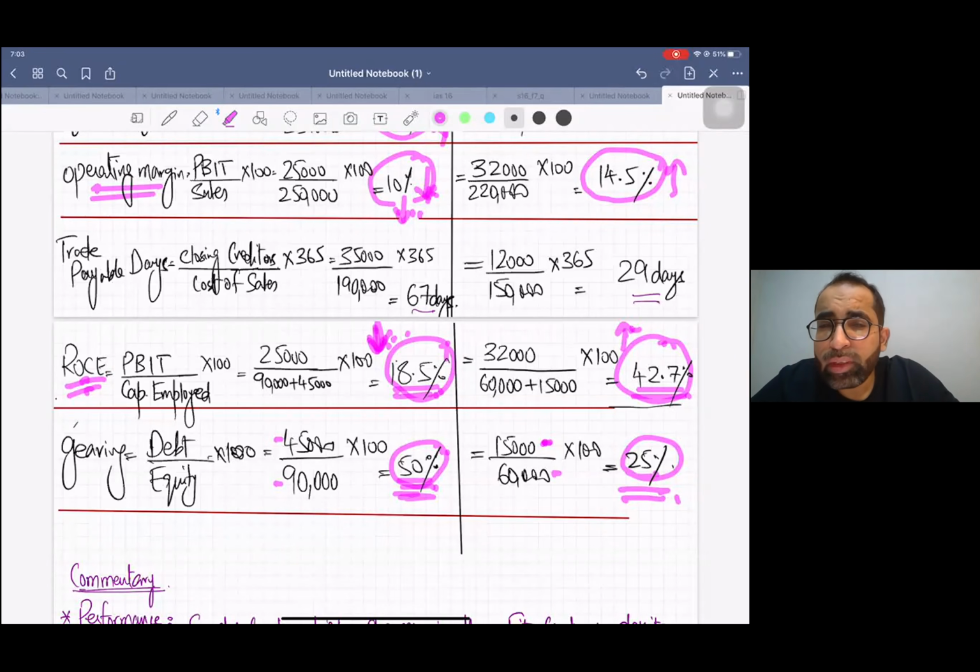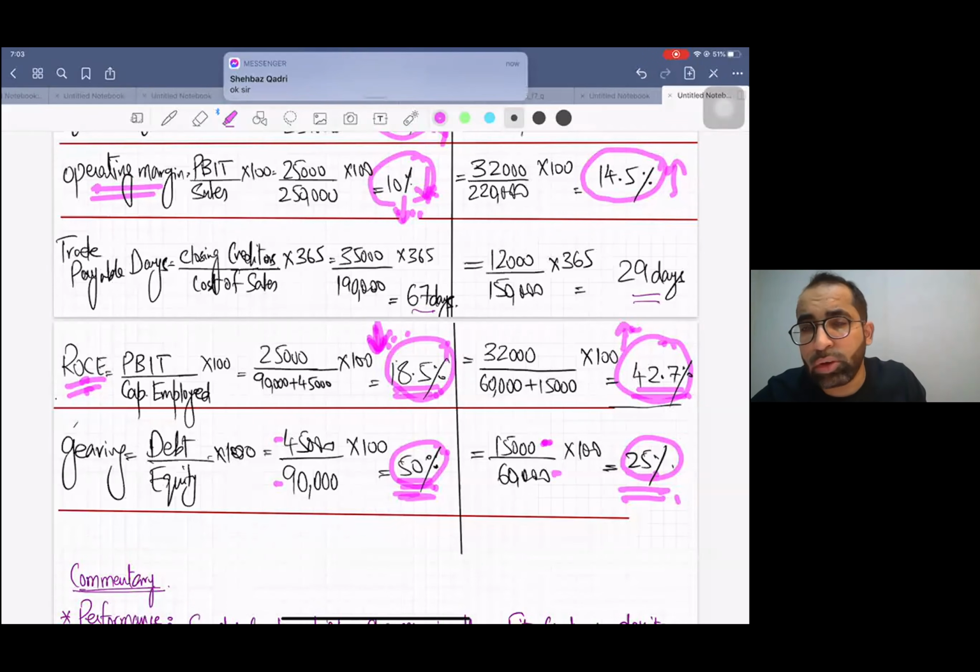Finance cost is a sort of fixed cost. If you don't do any activity, still you have to pay finance cost to the bank. And fixed cost increases the risk of the owner. Even if you don't earn a single penny, still you have to pay the fixed cost. So it's dangerous.